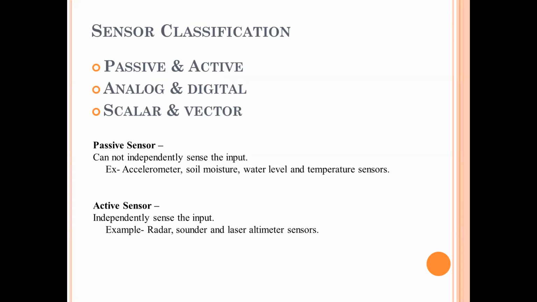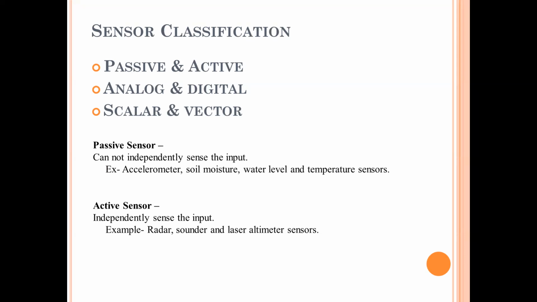When we come to the classification of sensors, there are different classifications based on the input, based on the output, and based on the data. Based on the input, sensors can be classified as passive sensors and active sensors. Passive sensors cannot independently sense the input.